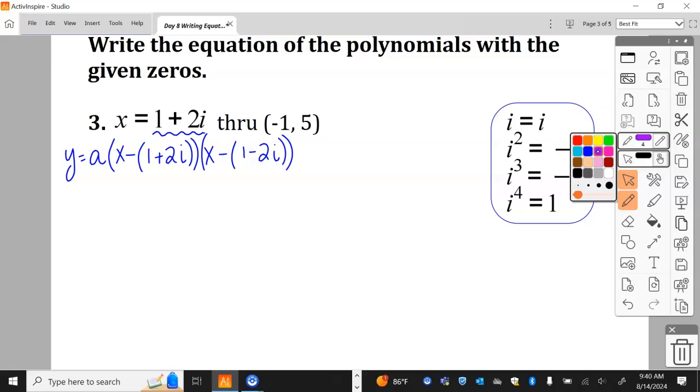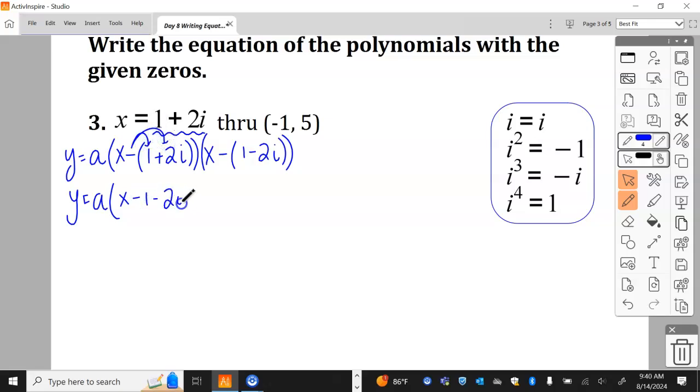Well, before we FOIL, let's go ahead and simplify this a little bit. So we would have x minus 1 minus 2i, and then x minus 1 plus 2i. And now we would need to FOIL these 2 terms together.